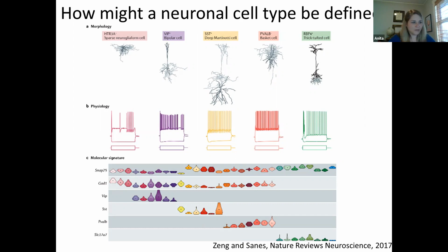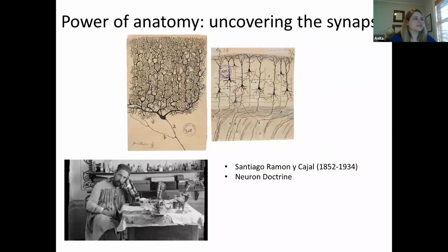So we might get into some of the sequencing behind defining cells by molecular signature in a couple of lectures. But just to give you an overview of the things you might use to classify neurons, for this first lecture we're going to be talking mostly about anatomy and tracing and visualizing neurons.